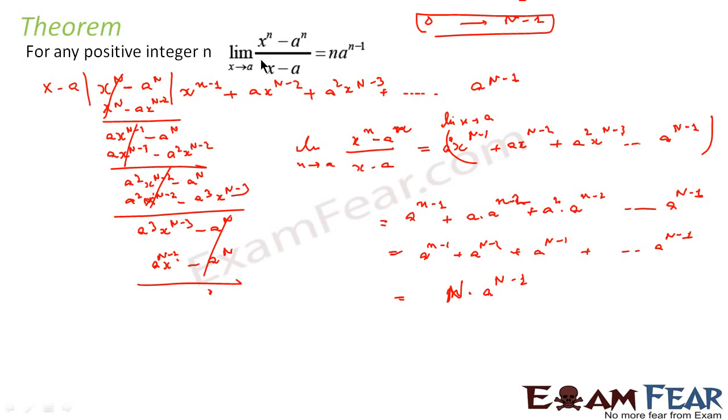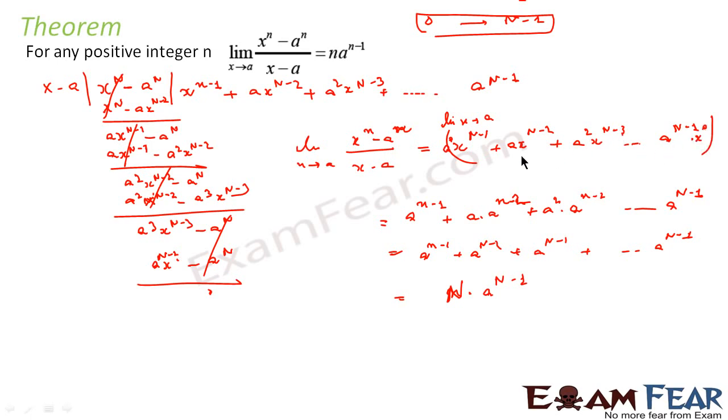Limit of x to the power n minus a to the power n by x minus a, where x tends to a, is n a to the power n minus 1. Very simple. What we have done, we have just divided x to the power n minus a to the power n by x minus a, and we found that this value came out to be a to the power 0 x to the power n minus 1 plus a to the power 1 x to the power n minus 2 plus a to the power 2 x to the power n minus 3 dot dot dot a to the power n minus 1, and this we can say x to the power 0.